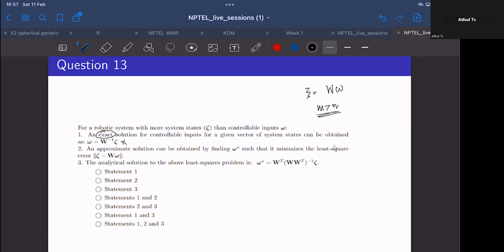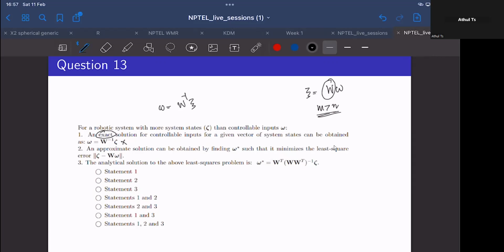So an exact solution cannot be found, and we also cannot find omega as W inverse zeta, because W inverse doesn't exist: when M is greater than N, W is not even a square matrix. So the first statement is indeed wrong.